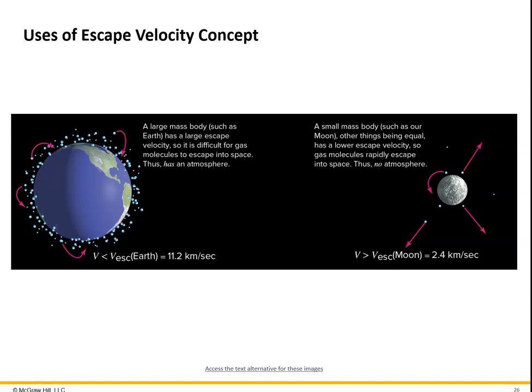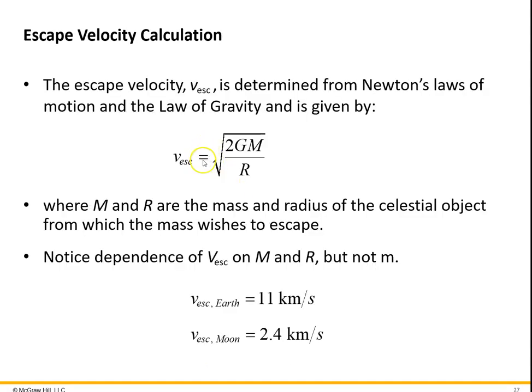So this is really what I wanted to show you. This is the escape velocity equation. If you take away the two, so you just don't include the two, it's the square root of big G times M divided by R, where M is the mass of the planet.